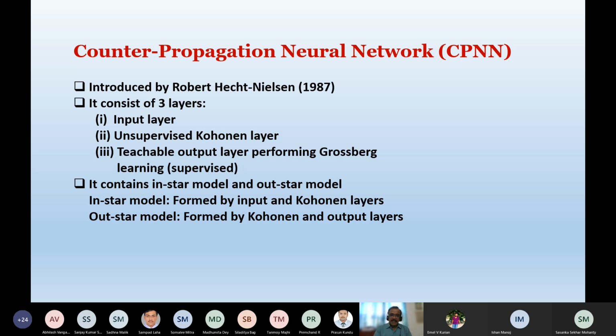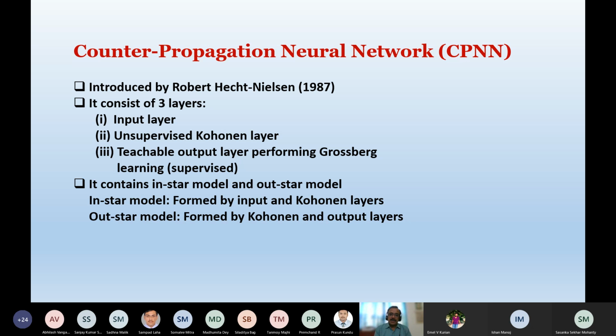So the hidden layer is the unsupervised coherent layer, and the output layer is the Grossberg learning layer, which is the supervised learning layer.